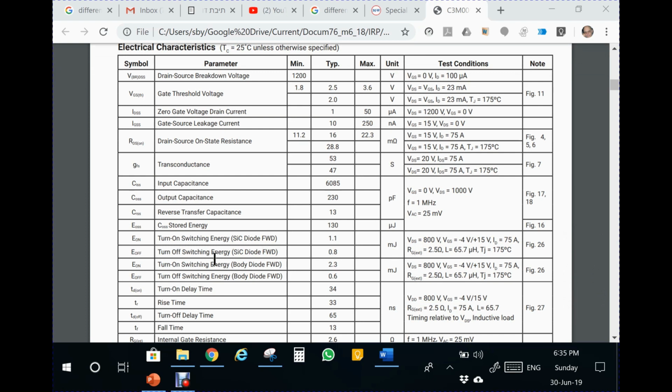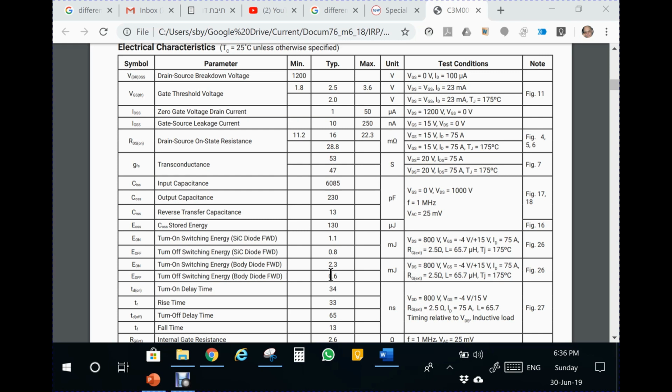Turn off switching energy, obviously in this case there is no diode involved, and although it is saying silicon, the diode is not coming into effect, it's 0.8. On the other hand, if the switching is with the inherent body diode, we see that this number is much larger. Well, it's more than twice, and this number, well, it's about the same.